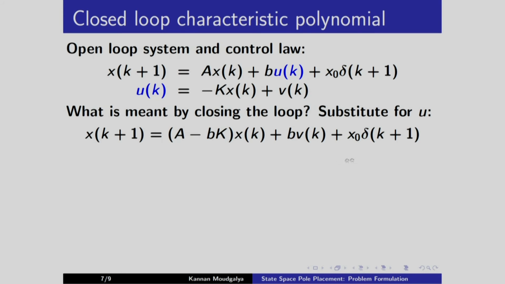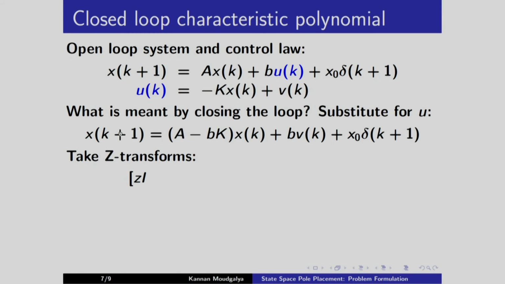By the way, in the rest of the lectures to be covered in this week, we will keep recalling this closed loop expression. So it is an important expression. Let us take Z transform of this equation.